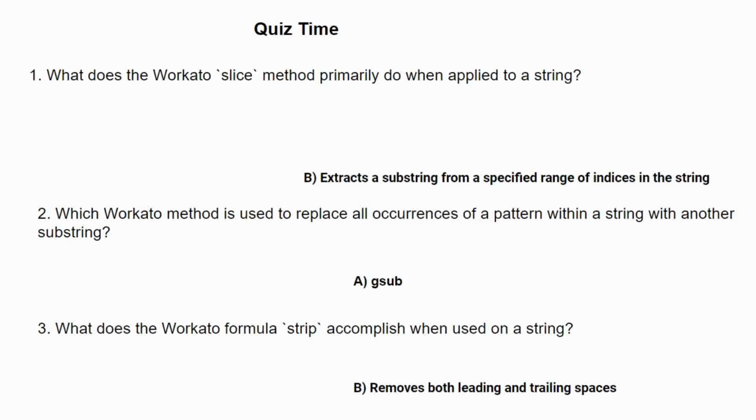Otherwise, you may end up getting a wrong output, right? So use them the way they basically work. You cannot use slice in place of gsub, where gsub works to find and replace one substring with another substring, right? So you have to know the concept very well before using it.